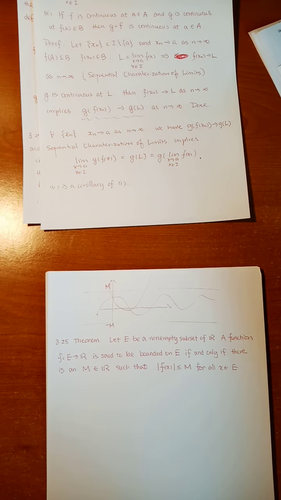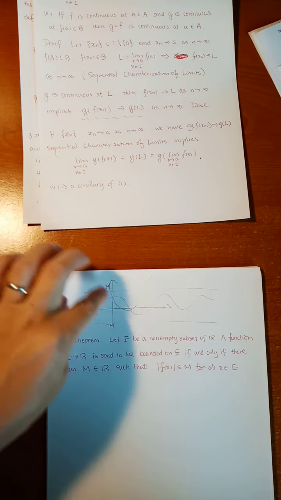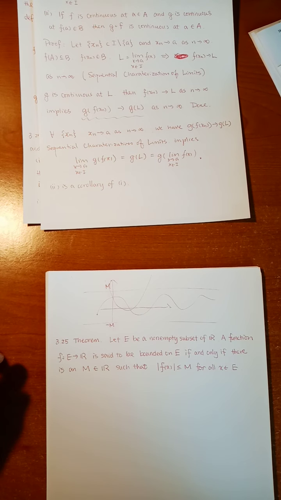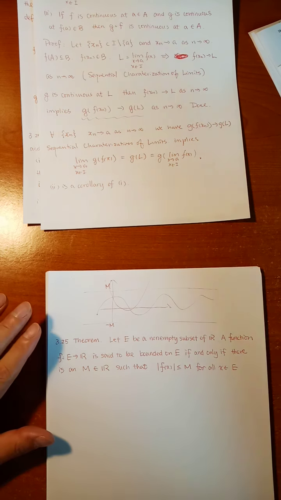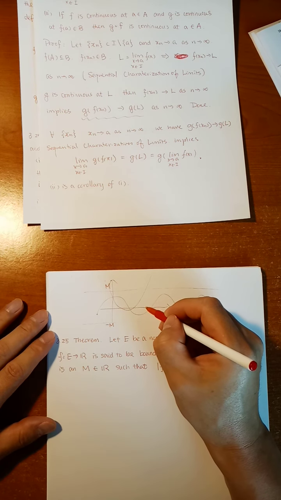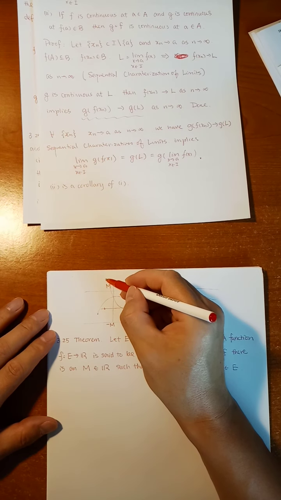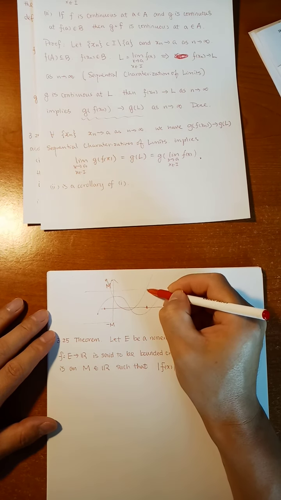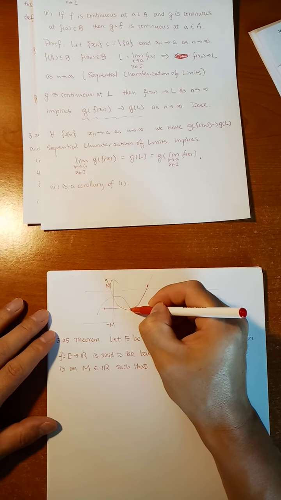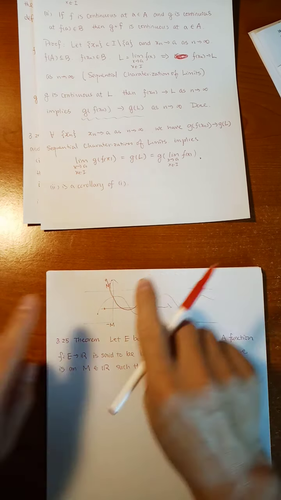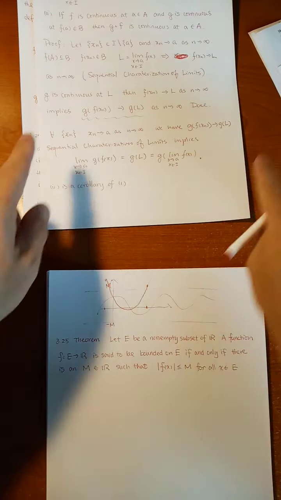Not every continuous function is bounded. For example, the parabola is not bounded. But if we restrict the parabola to an arbitrary closed interval, you will see that it's limited, because you have the ends, you cannot approach infinity.